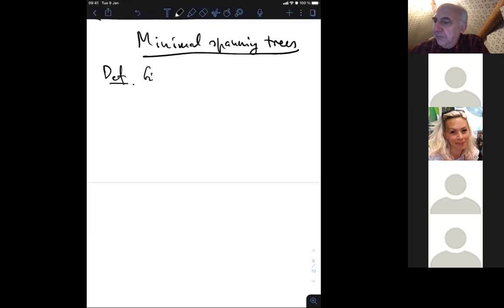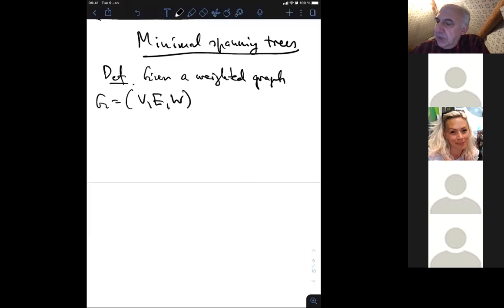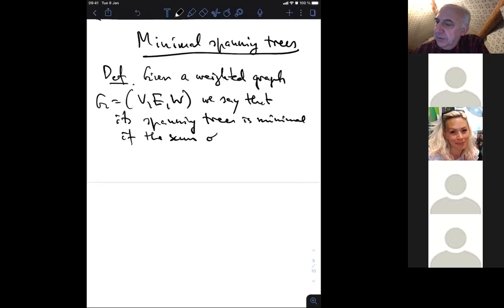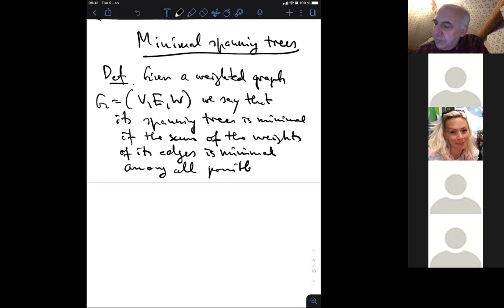given a weighted graph G, which is V, E, and the weight function, we say that its spanning tree is minimal if the sum of the weights of its edges is minimal among all possible spanning trees.